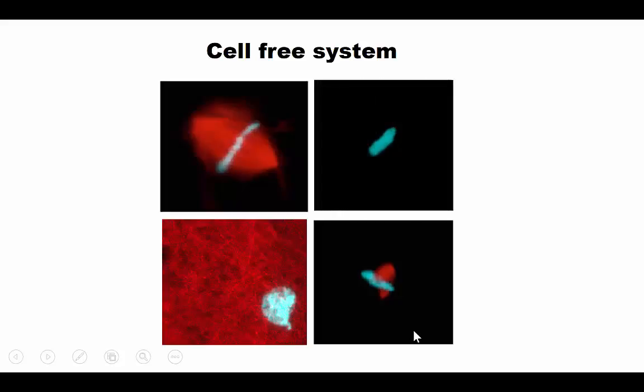If you have a very strong microtubule-acting compound, then maybe DNA is not affected, but the whole microtubule structure is totally gone. So this kind of dramatic change during the cell division can be monitored using these so-called cell-free systems. Quite interesting system, isn't it?